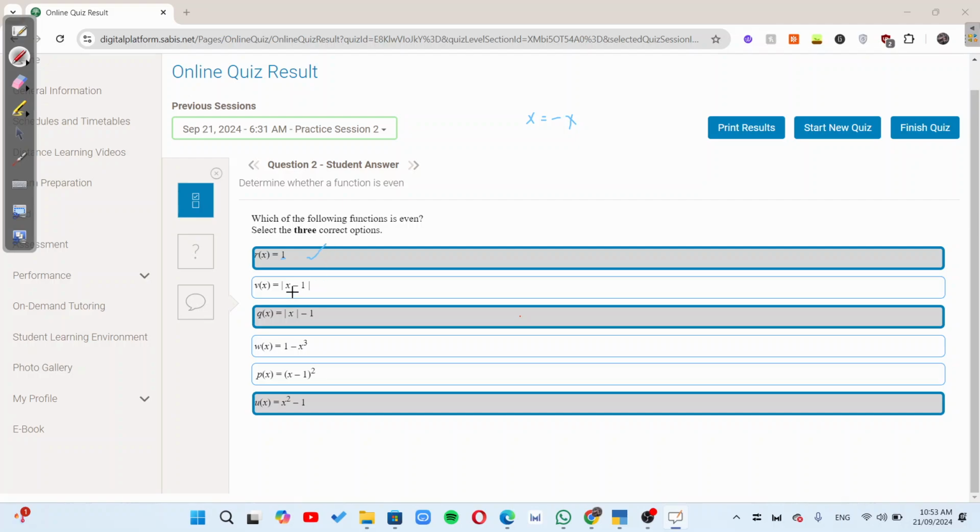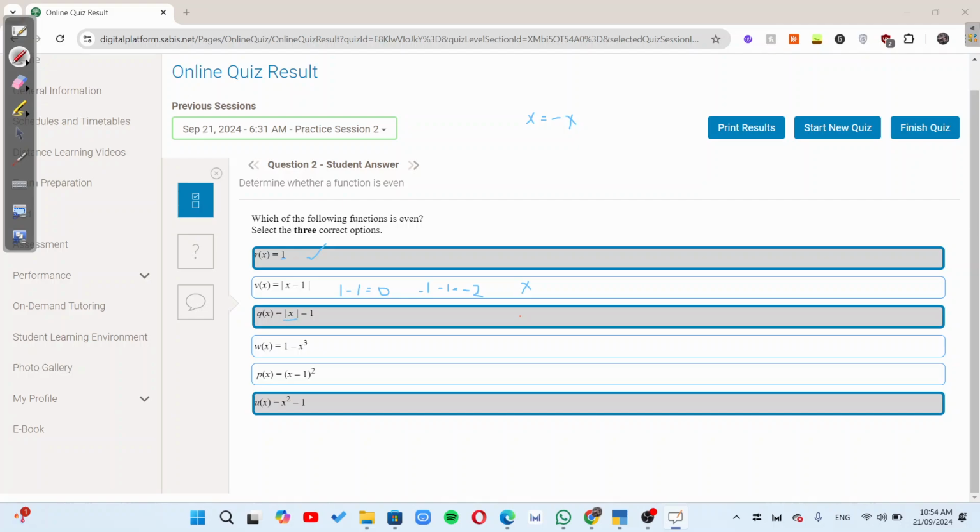For this one, I like to try a number. So let's do 1 minus 1. It gives you 0. But if you put negative 1 minus 1, it's going to give you negative 2. So negative 2 is definitely not the same as 0, so this is not even, it's not even odd, it's neither even nor odd.